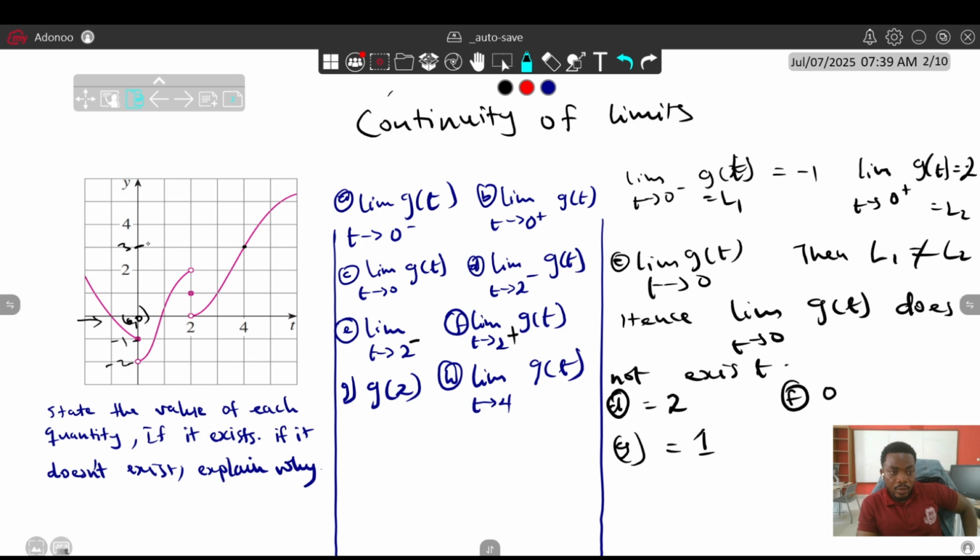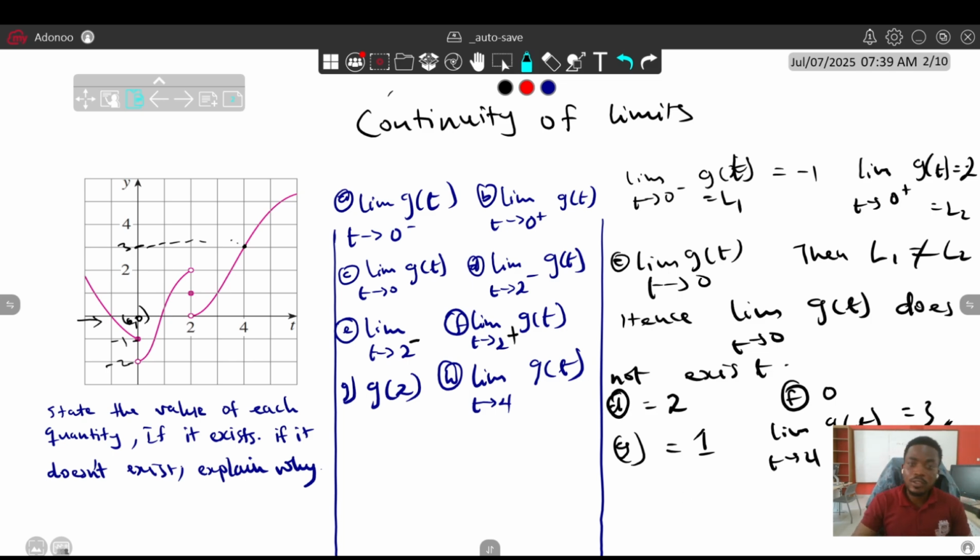Okay, we have 3. And then from the right again, we have 3. Okay, therefore, the limit as t approaches 4 of g of t is equal to 3.